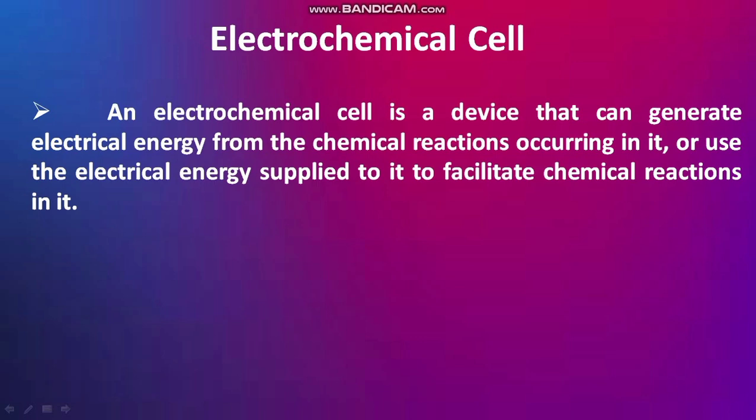An electrochemical cell is a device that can generate electrical energy from the chemical reaction occurring in it, or use the chemical energy supplied to it to facilitate chemical reactions in it.